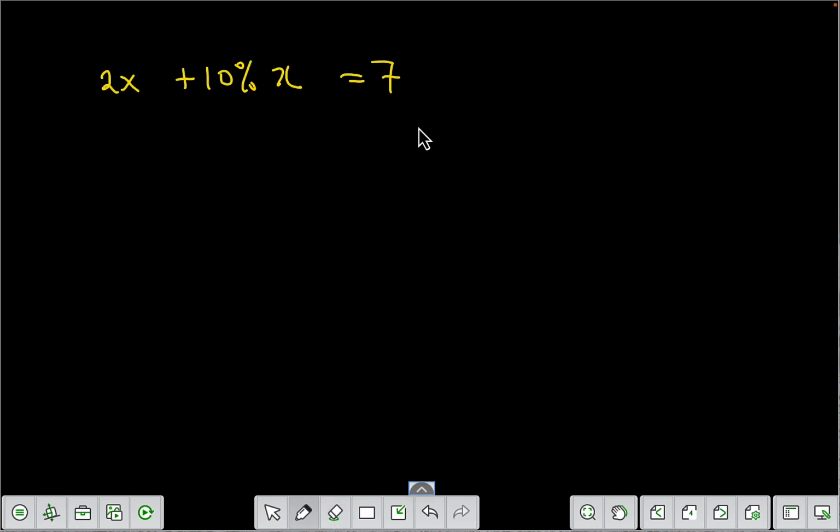Again, let's look at this problem. 2x plus 10% x equals 7. Very simple. We have 2x here plus 10% is the same as 10 over 100, right? Percent, cent is 100. X is equal to 7. We want to be able to eliminate the denominator, which is 100.